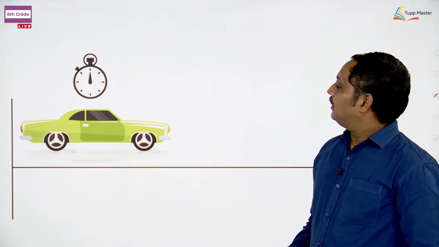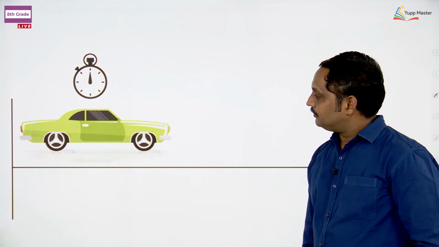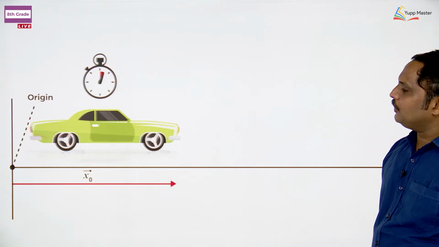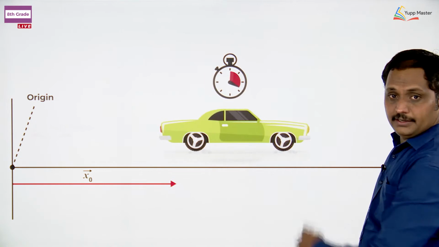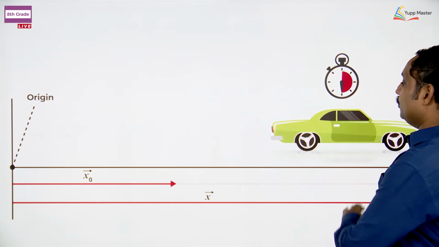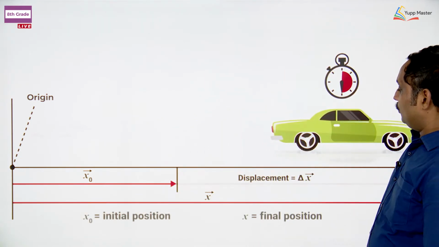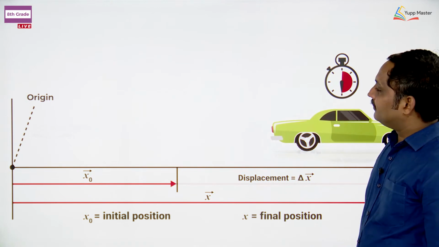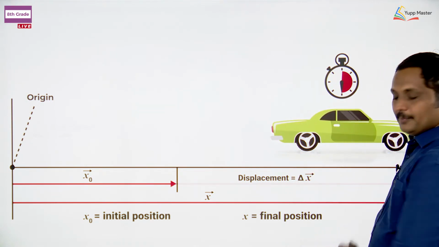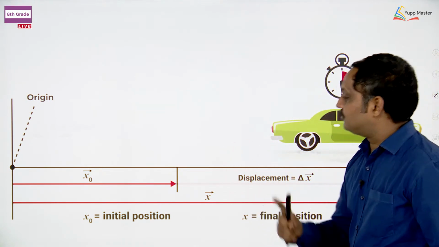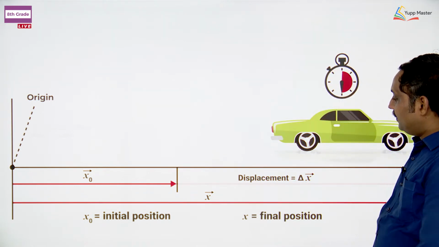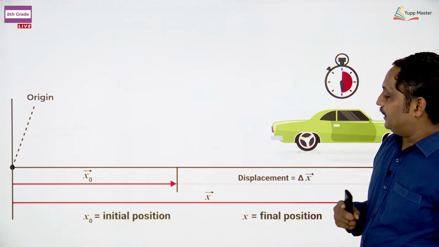Its speed and velocity. If it is going in one direction, please have a look. Take the origin, and it has moved along the x axis. So there exists some displacement. x naught is the initial position, x is the final position.